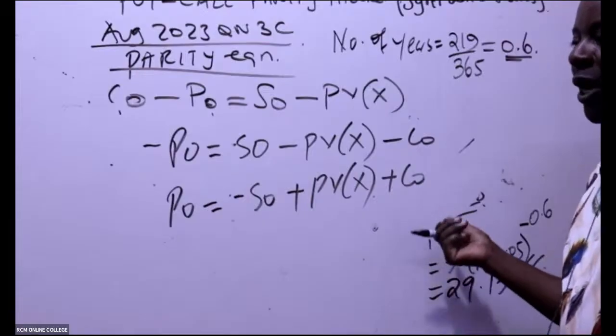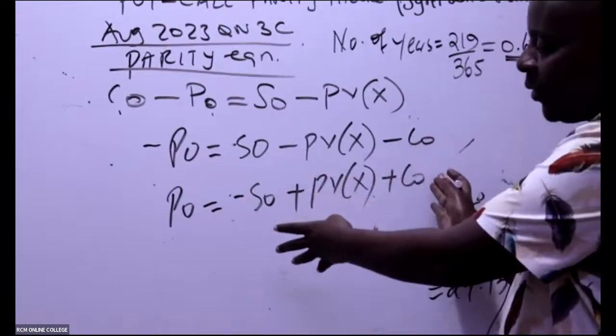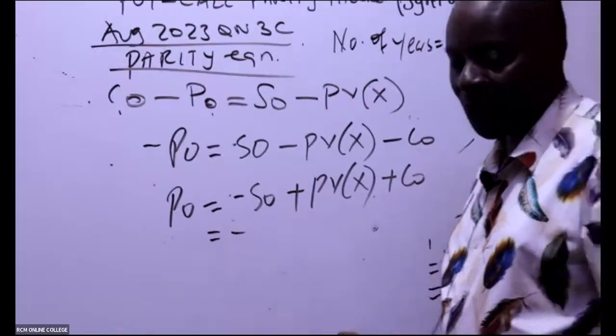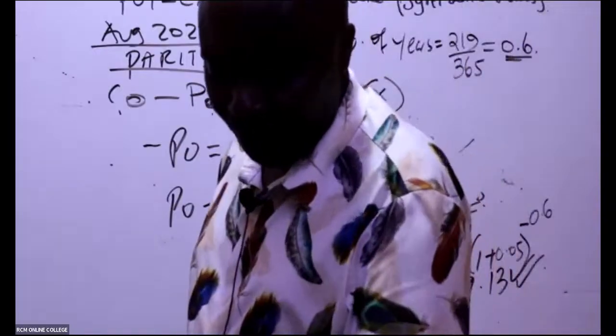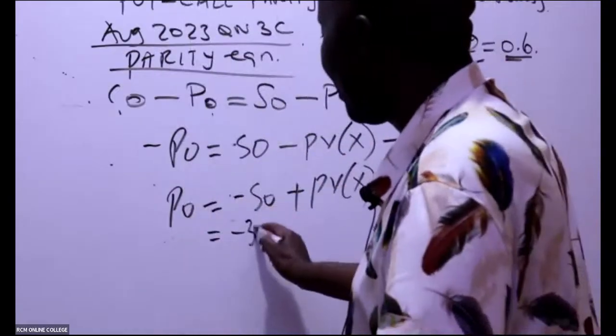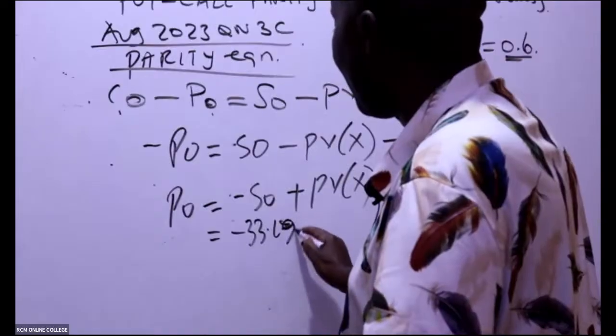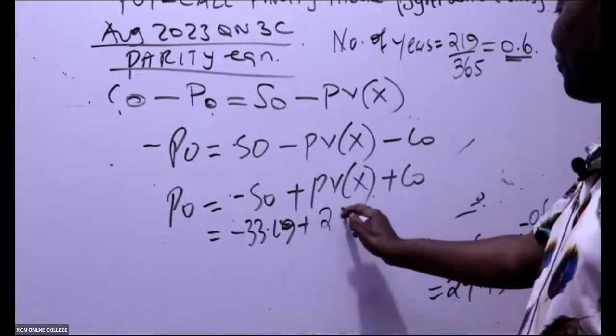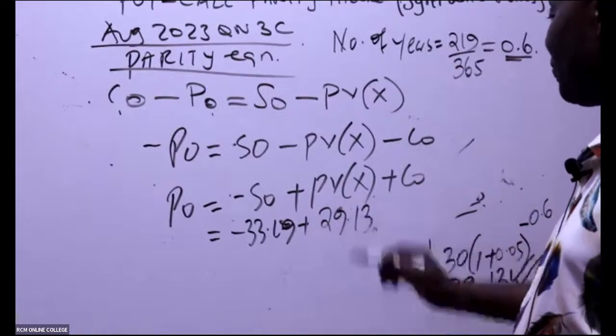So then if you try, even if you leave them this way, you'll still get the same answer because you see our SO is given here as 33.19. Plus present value of our exercise price, which is 29.13.